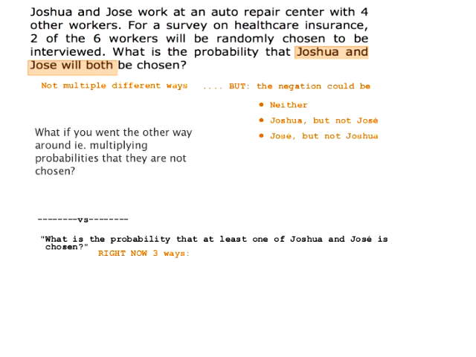This is three ways, where one way is to pick Joshua and not Jose, and a second way would be to pick Jose and not Joshua, and then a third way would be to pick both. But the negation this time would be very much simpler. The negation would just be neither of them. So in this case, you could benefit from doing one minus probability of neither one.